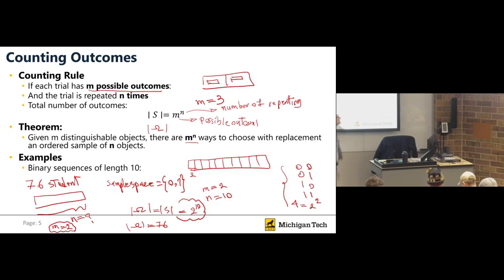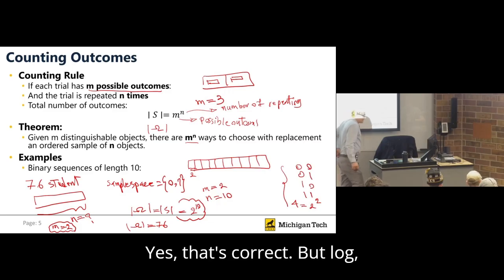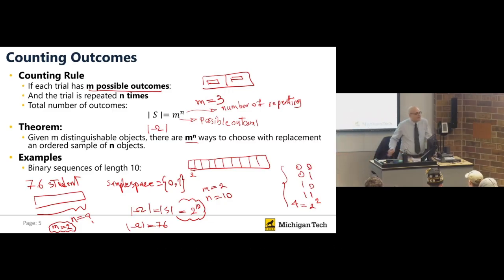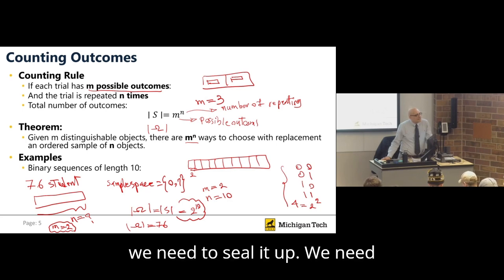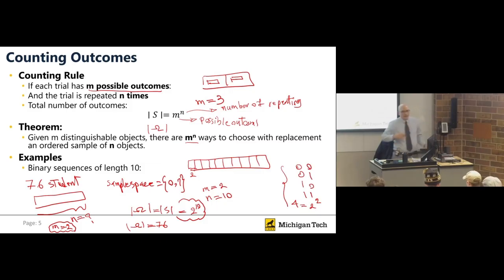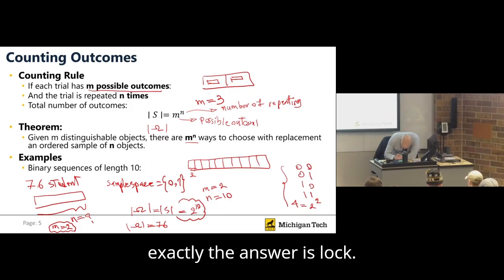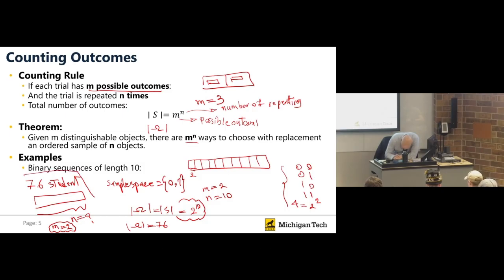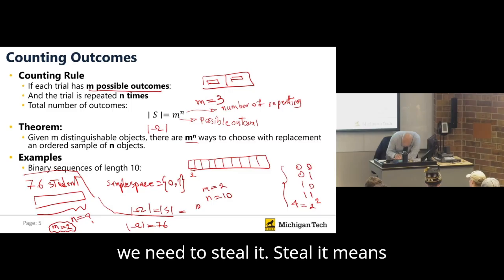Yes, that's correct. But log, we need to seal it up. Exactly, the answer is log. Maybe I clean this part and write right here. But we need to seal it.